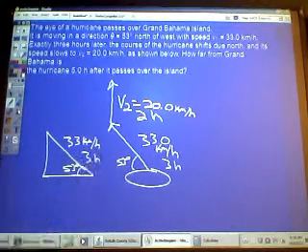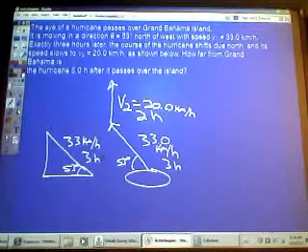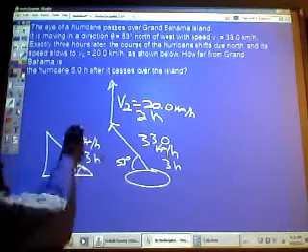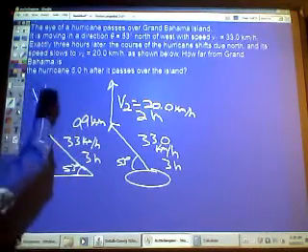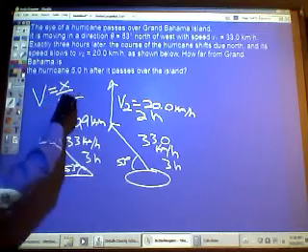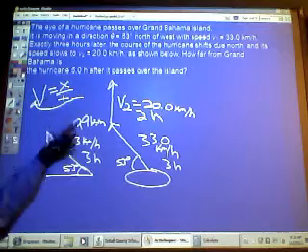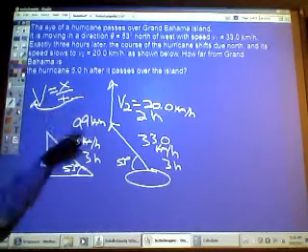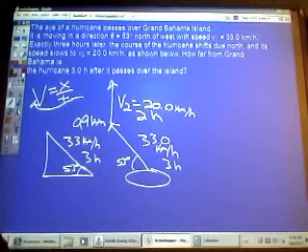For a total distance of what? 99 kilometers. How did you get that? T times V to solve for X. Time is 3 hours. Speed is 33 kilometers per hour. When I'm solving for X, it's 3 times 33.